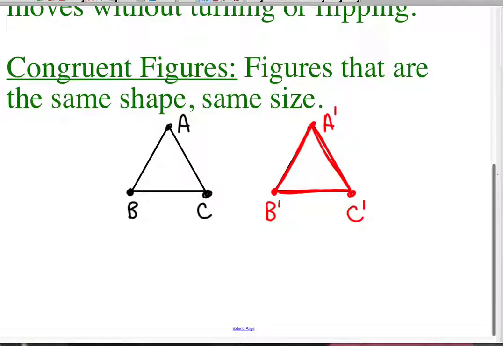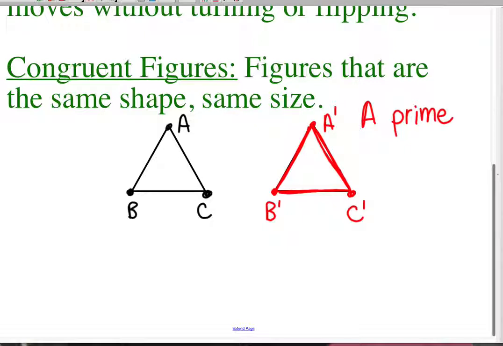That means this is my new image after it has been moved one time from its original location. So you're going to hear me talk about A prime, B prime, and C prime, and this is what I mean. A to the first power, B to the first power, C to the first power. And you're going to see it written that way too in your assignment.